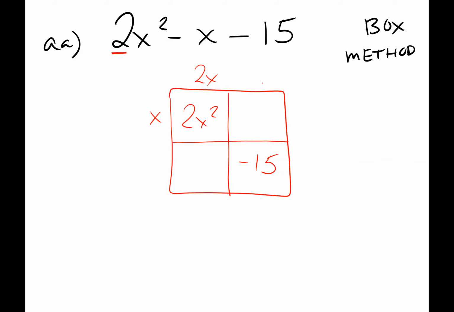So if you do like this, I'm gonna do it wrong just for a second here. But if you go like this, you say, okay, 3 is gonna go here, 5 will go here. And then when you do that, you get negative 10x, you get a negative 3x, and you say that does not work. So then the only thing is we got to switch these around. So then we say, okay, that means the 5 goes here. That means the 3 goes there.